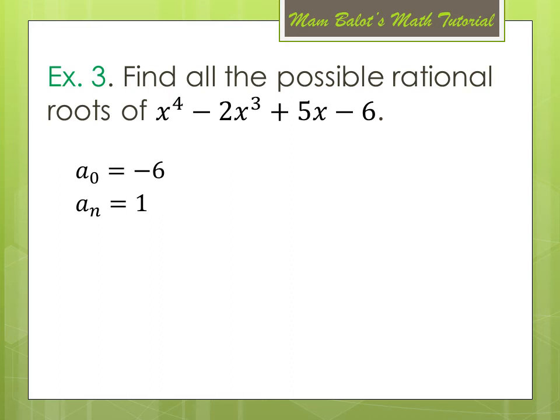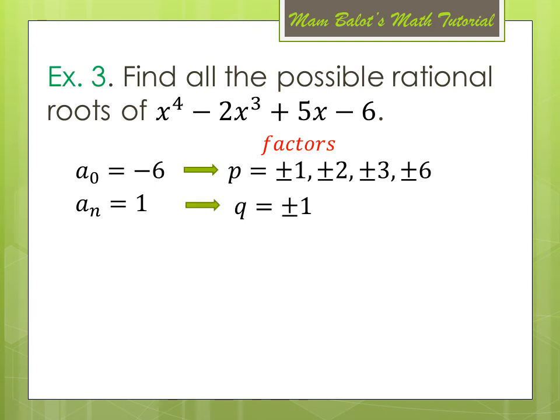So, referring to the rational root theorem, we have to find their factors. So, the factors now of a sub 0, which is what we call the p, are positive and negative 1, positive and negative 2, positive and negative 3, and positive and negative 6. And the factors of a sub n, which is q, is equal to positive and negative 1.